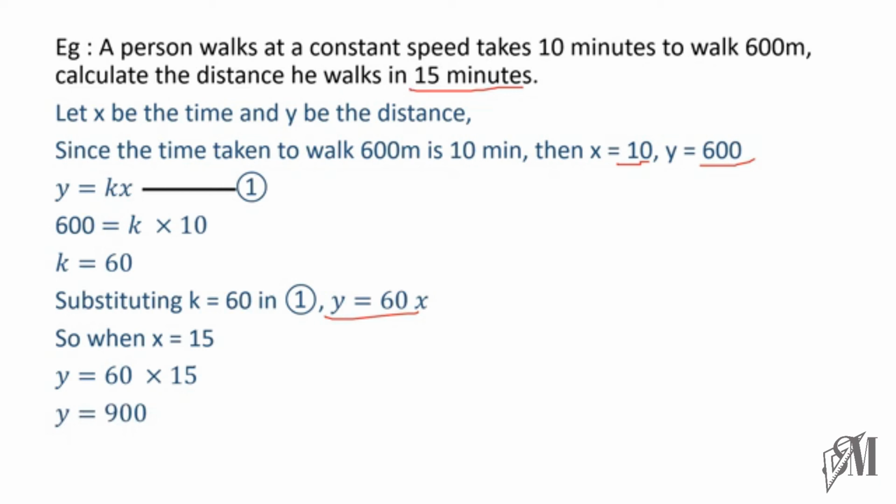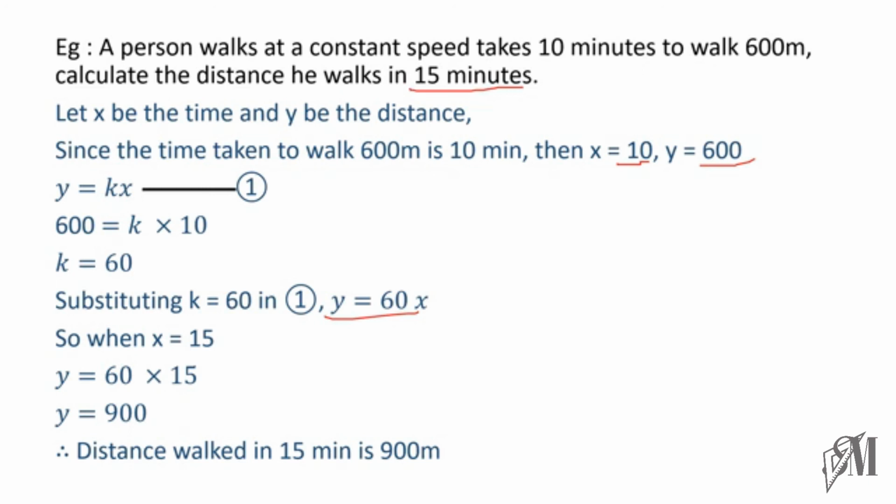The same answer again and again we are getting, whatever the method you follow. So we can tell the distance walked in 15 minutes is 900 meters. So these are the three methods you follow to find the answer when a problem related to direct proportion is given. And that is all about direct proportion and solving problems related to this.